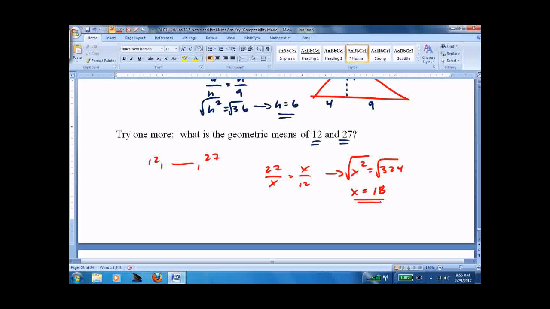So, slightly weird end to the unit where we get into geometric series, but it definitely, as you can see, ties in very closely with exponential growth and decay. Good luck.